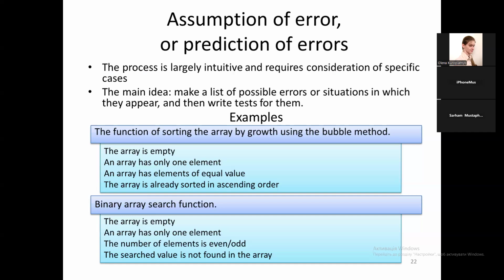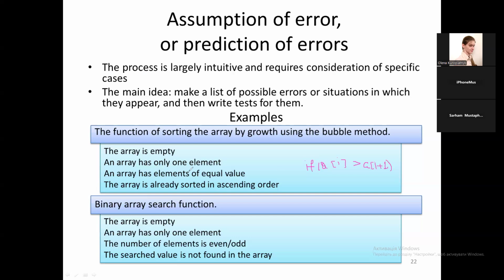The second, an array has only one element. The third, an array has elements of equal values. I include this situation on my list because, if you remember, in the bubble sort method we have the condition: if array[i] is greater than array[i+1].